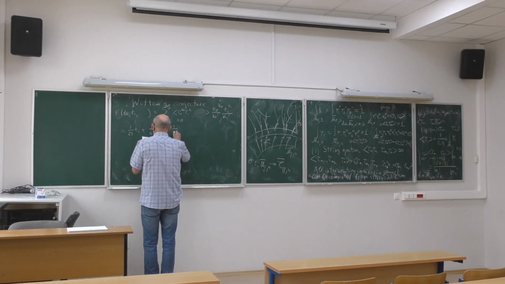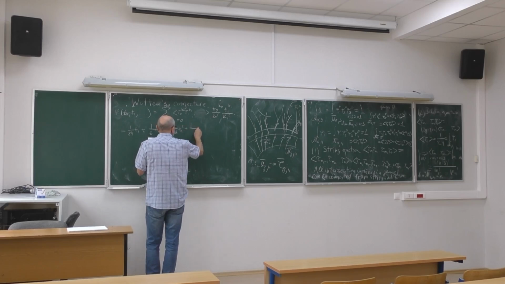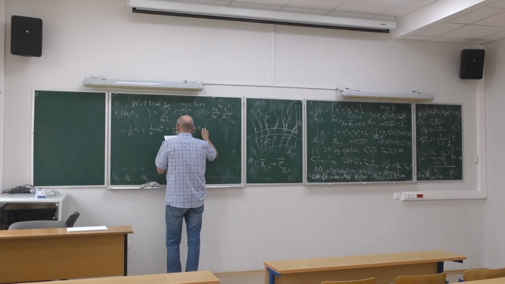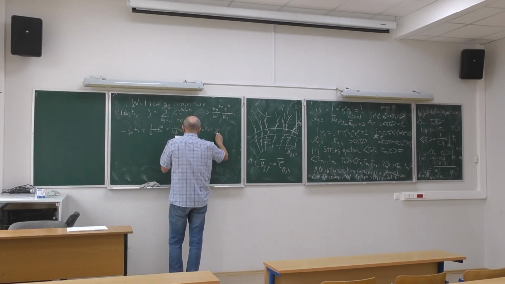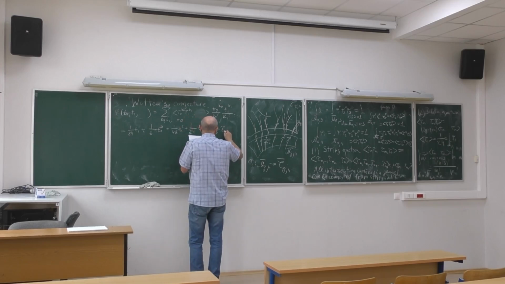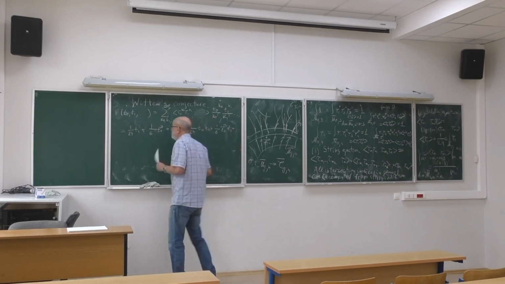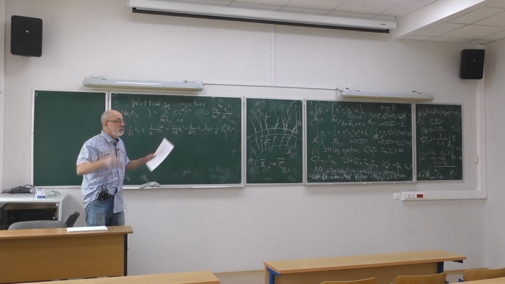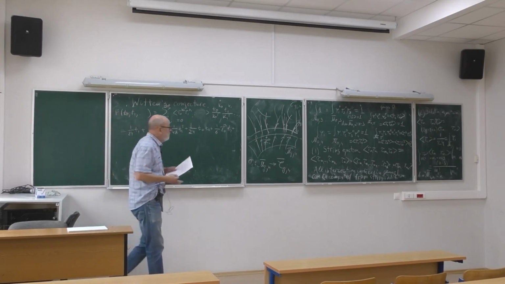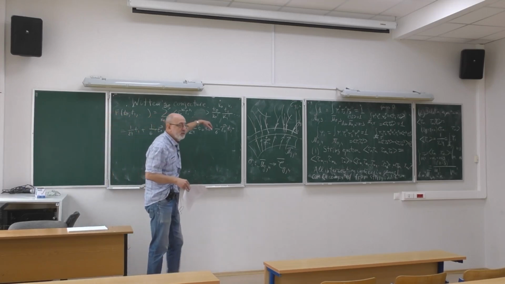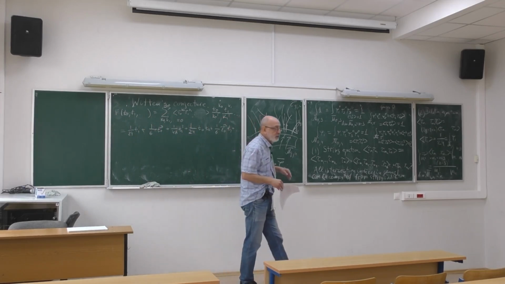Plus 1 over 48 t1 squared plus 1 over t0 t2 plus... so it is a huge function, but with relatively simple coefficients, which are rational numbers.